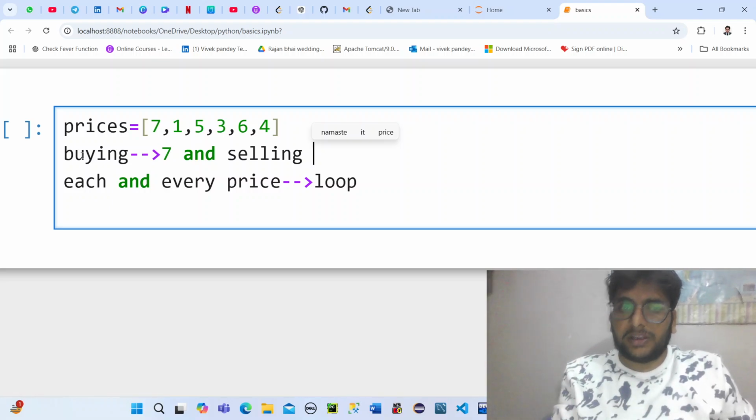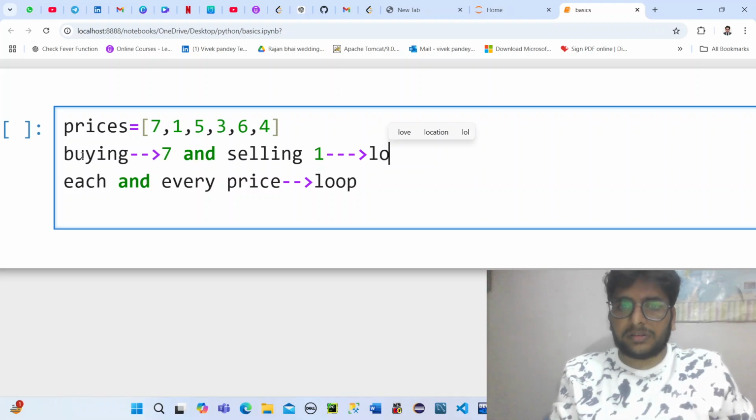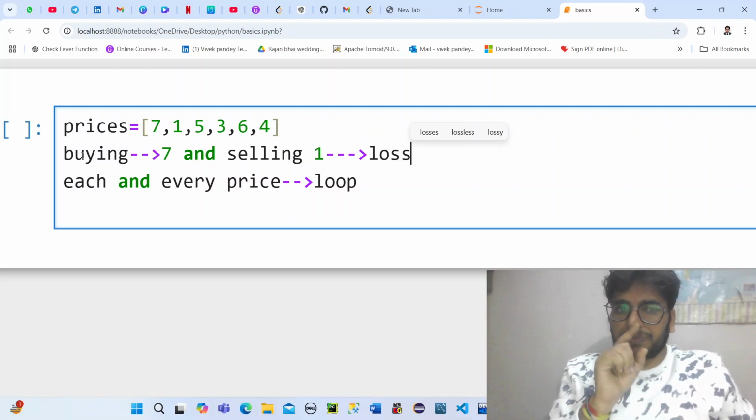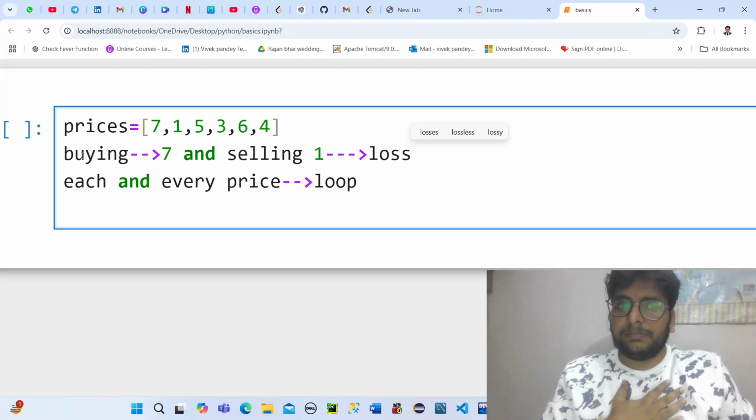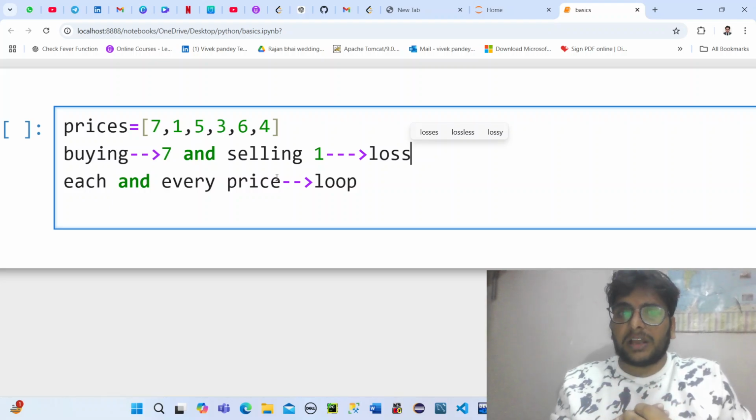If I sell on another day when the price is 1, then I'm having a loss. I purchased for 7 rupees and I'm selling for 1 rupee, so obviously there will be a loss.